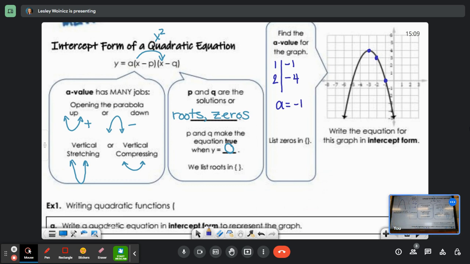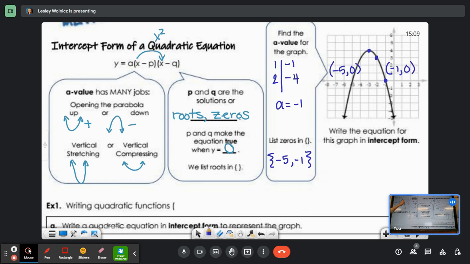Okay, now, what are our zeros according to this picture? -5 and -1. The zeros, or the solutions, the roots, are the x values where the graph hits the axis. So this is the point -5, 0, and this is the point -1, 0.